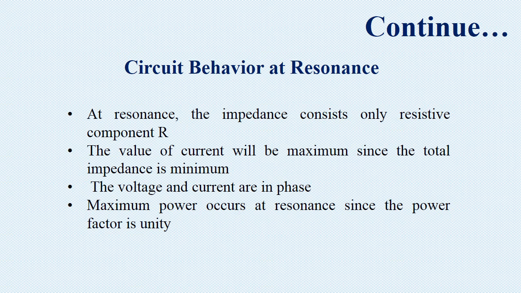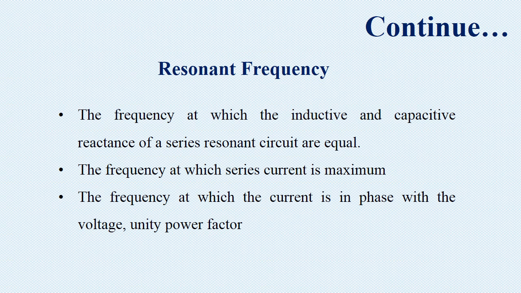And we have already studied that resonance in the circuit occurs when we transfer the maximum power across the network, and maximum power occurs when Xc equals Xl. Resonant frequency is the frequency at which the inductive and capacitive reactance of a series circuit are equal. When we have equal inductive and capacitive reactance, they cancel out each other's effect because the currents of the inductive and capacitive terms are equal and opposite in phase.